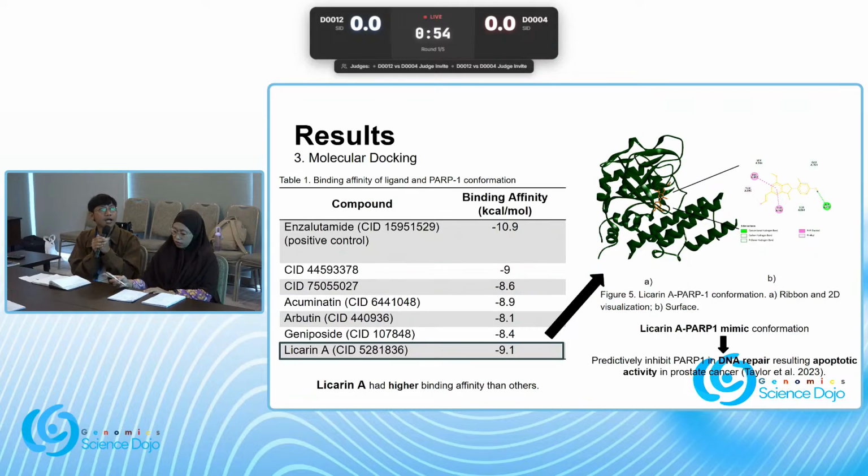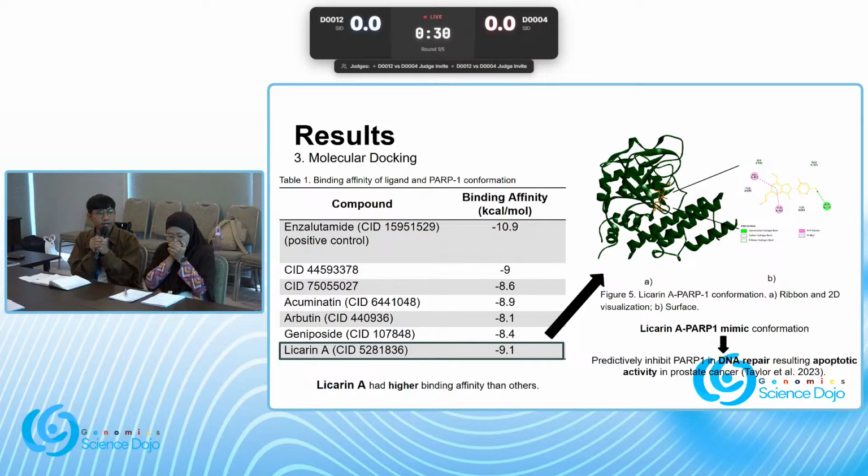Next slide. The 6 compounds are docked into the PARP1 protein, which is responsible for DNA repair, resulting in apoptotic activity, and is quite known for prostate cancer. We found that licarin A has the lowest binding affinity compared to the other compounds.